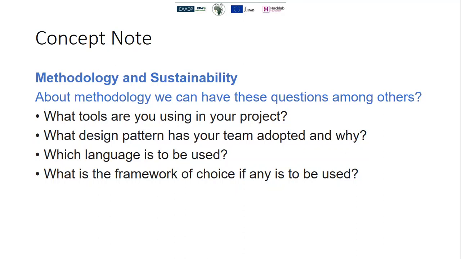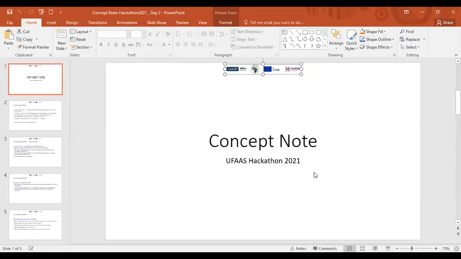By language, we mean the coding language, the programming language that you'll have used. Then what framework of choice, if any, is to be used. So basically, that's what you should include in your concept note if you're following.